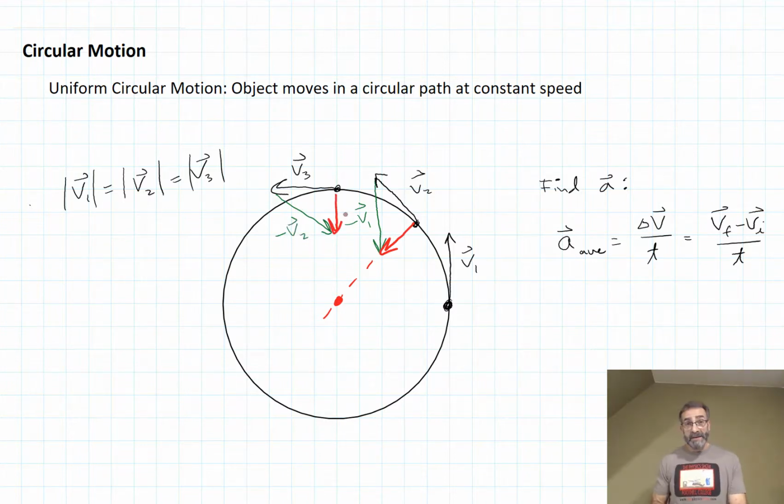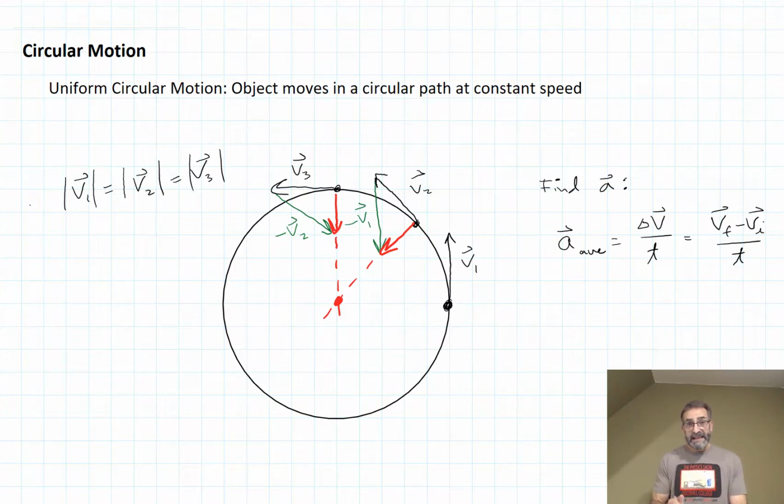And when I subtract those two vectors, I get this red vector, which points toward the center of the circle. And it's proportional to the acceleration. I have to divide by time to get acceleration, but it's proportional to the acceleration, and it points in the same direction as the acceleration. That's the important thing here.